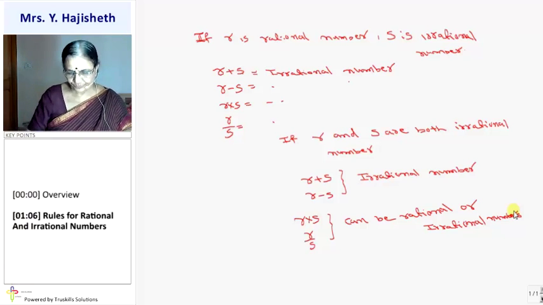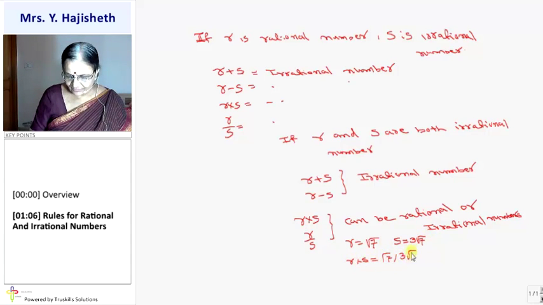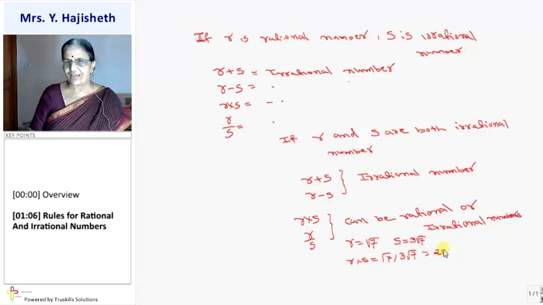Now, for example, suppose R is root 7 and S is 3 root 7. What is R into S? It is root 7 into 3 root 7, so it is 7 times 3, which is 21. So it is rational.